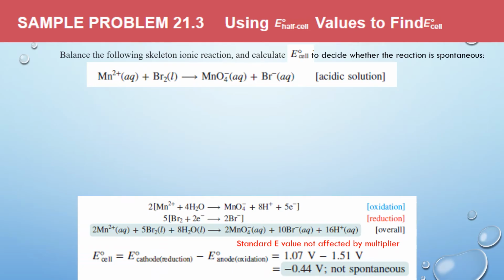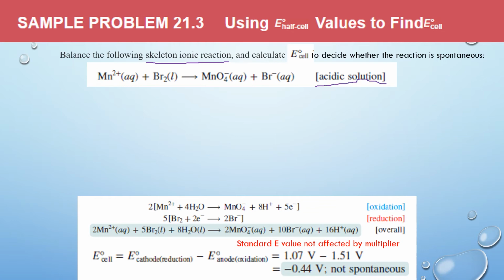So let's look at an example problem, using the standard half-cell values to find the standard cell potential and then determine whether it's spontaneous or not. We have this unbalanced equation. Your textbook has a skeleton ionic reaction, which is basically an overall redox reaction in acidic condition.